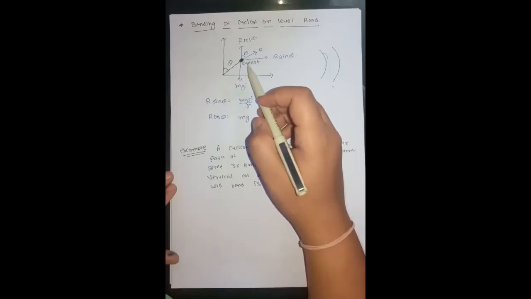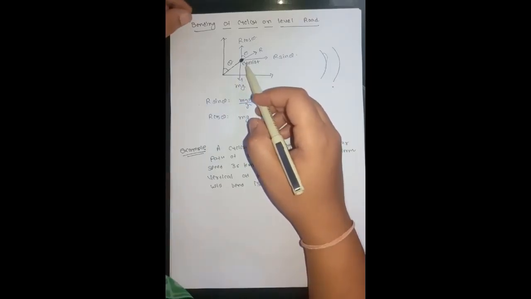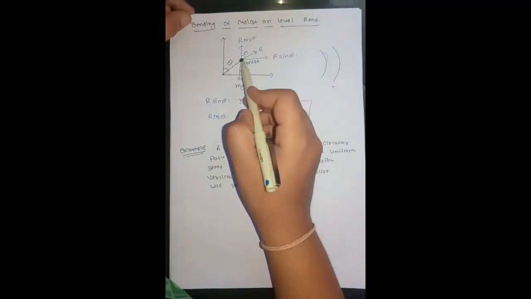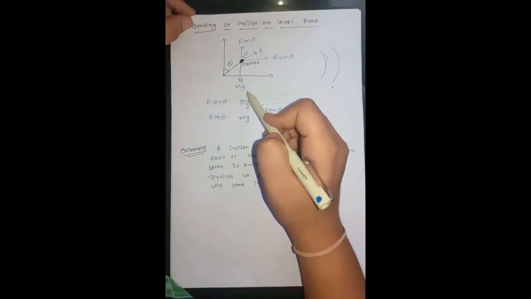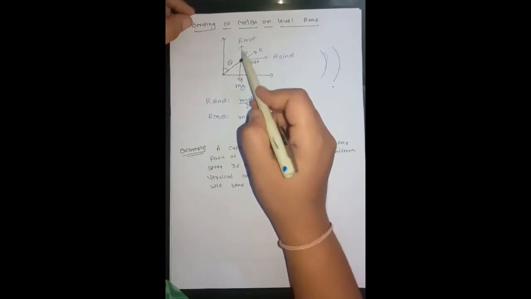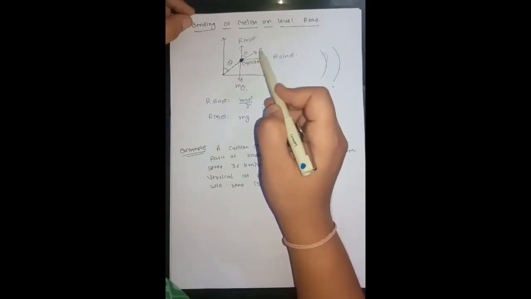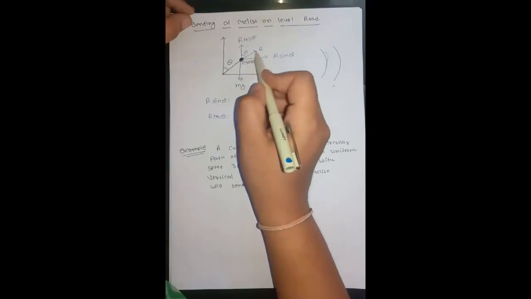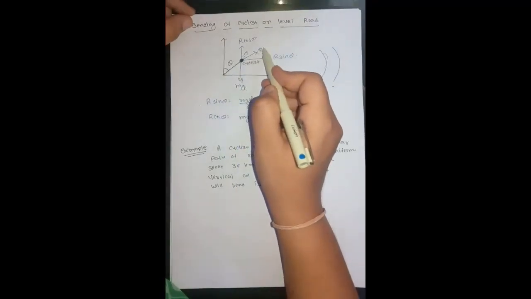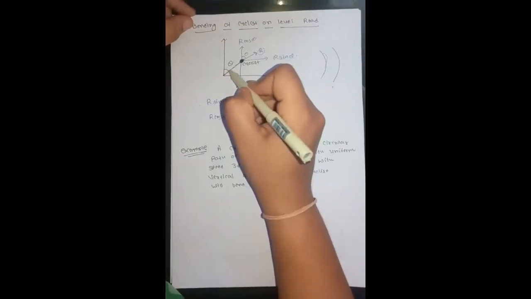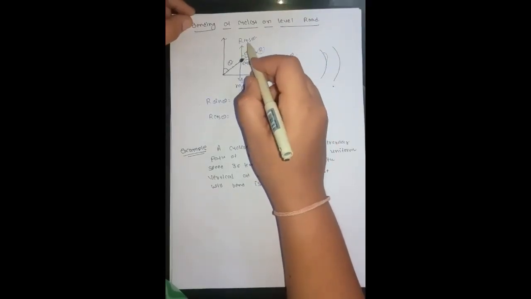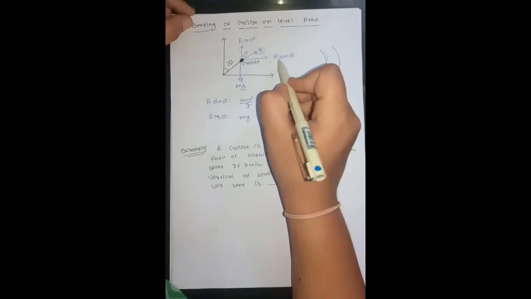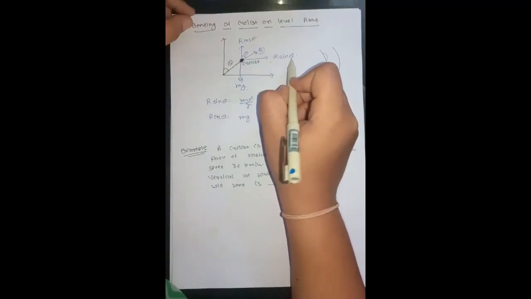Here we are drawing the free body diagram of the cyclist. Let's say this point is representing the cyclist of mass m. In the downward direction, force mg will act. The reaction will occur due to this surface in this direction. So this is the normal reaction. If this angle is theta, then this angle will also be theta. So this component will be R cos theta and this component will be R sin theta.